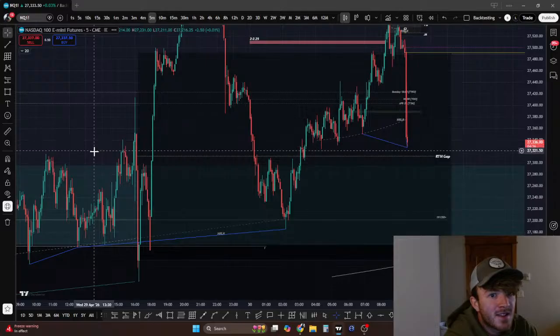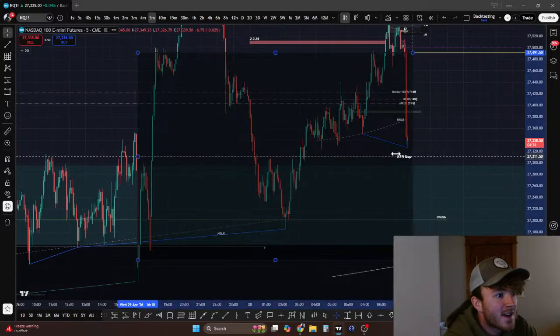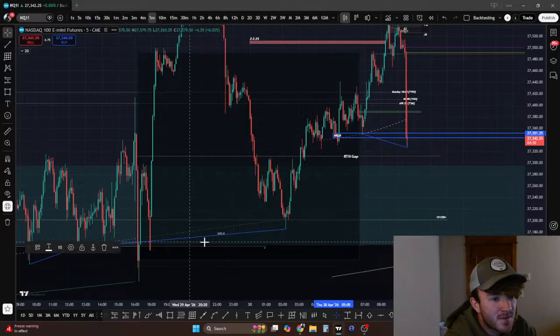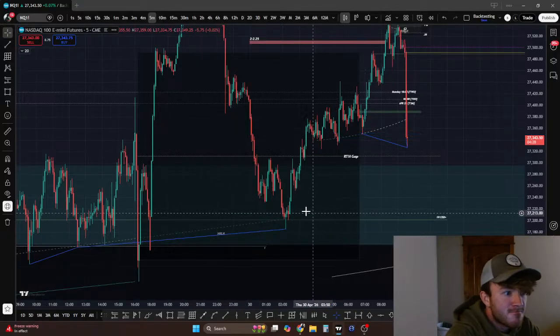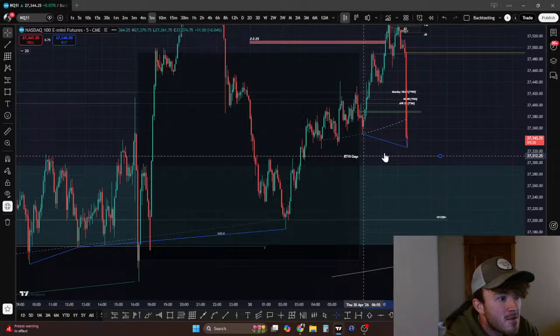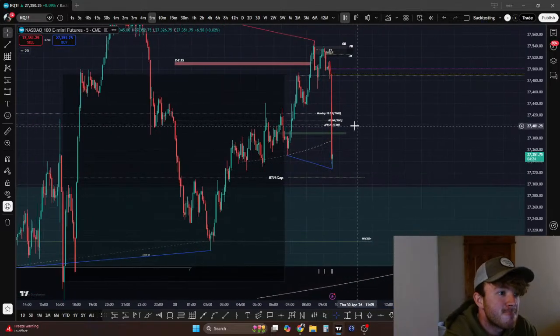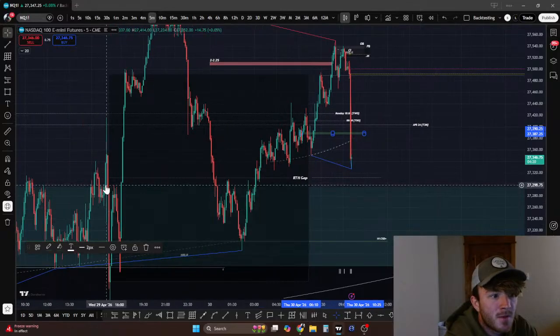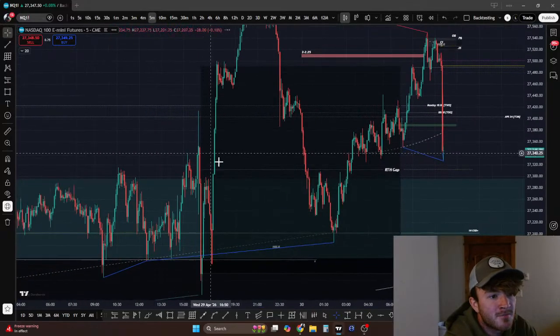That trend line liquidity. Yeah, it looks like we're actually running these lows here. We're probably gonna use this Reaper gap actually.